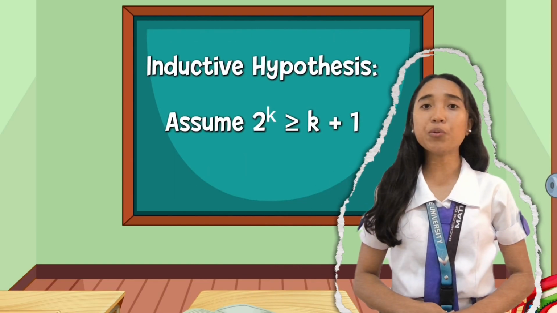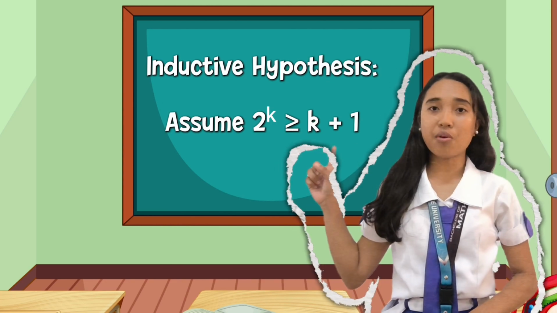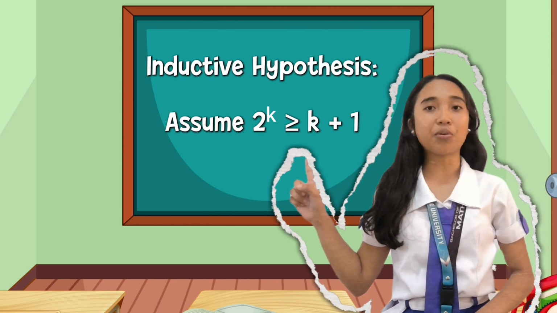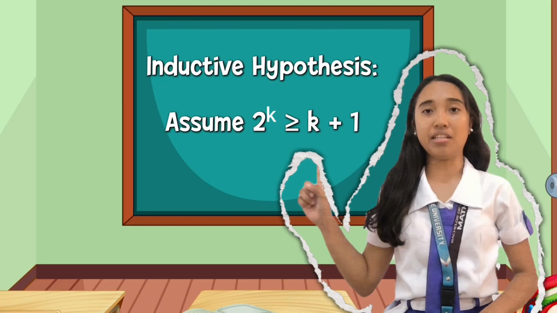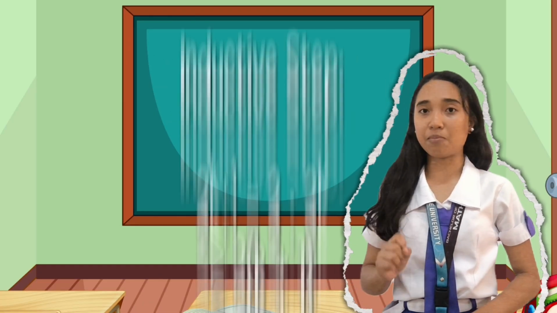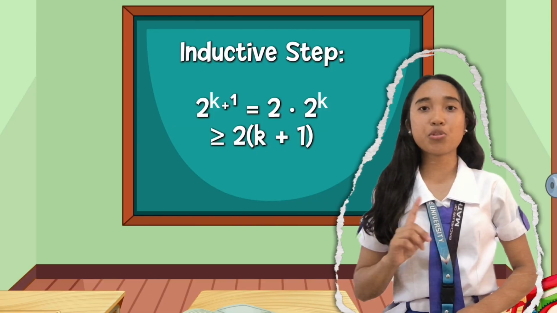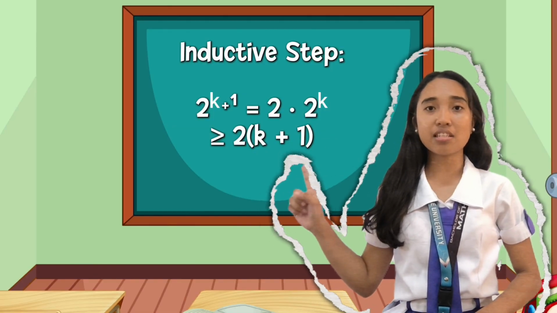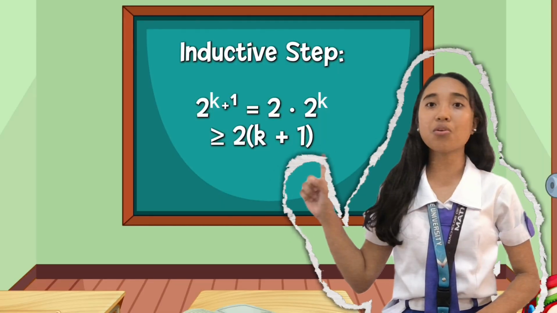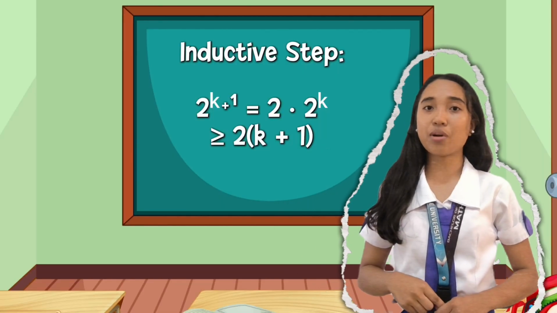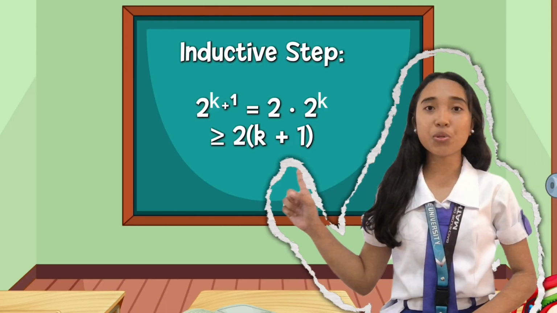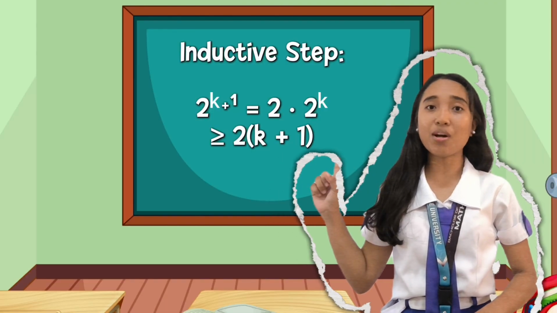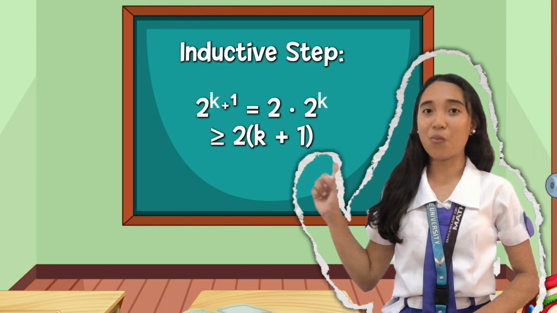In the inductive hypothesis, assume that 2 raised to k is greater than or equal to k plus 1. Now let's proceed to the inductive step. First, 2 raised to k plus 1 is equal to 2 times 2 raised to k, which is greater than or equal to 2 times the quantity of k plus 1.